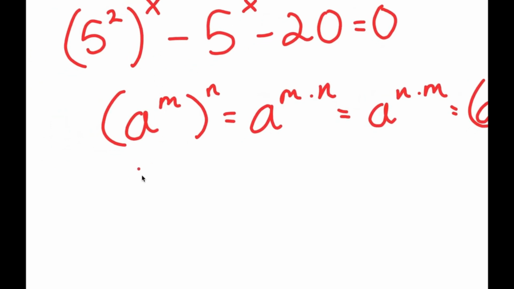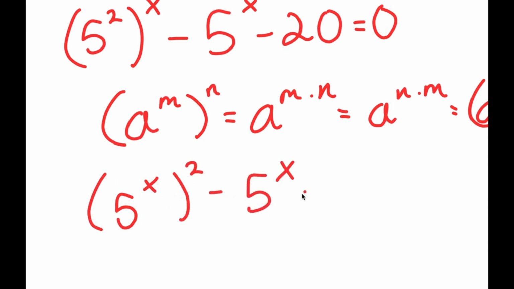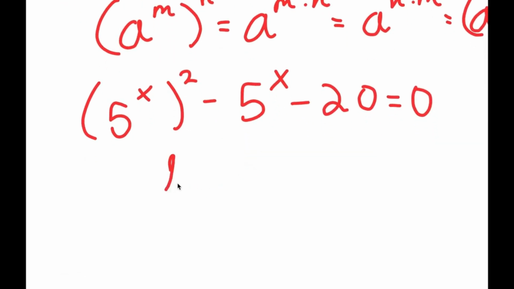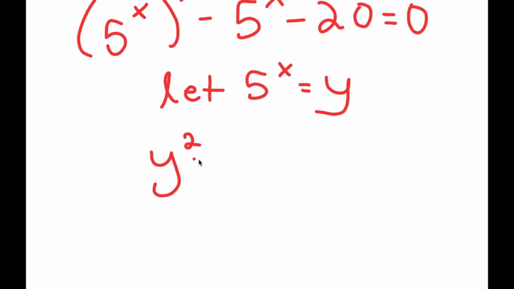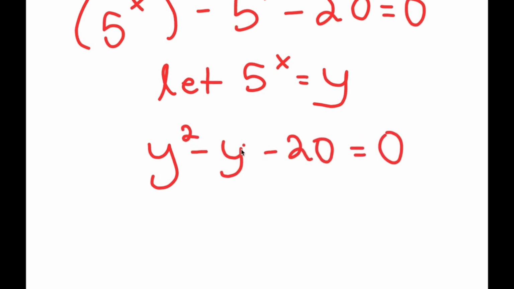So 5 to the power of 2 to the power of x is going to equal 5 to the power of x to the power of 2. Now I have this minus 5 to the power of x minus 20 is equal to 0. And now I'm going to let 5 to the power of x is equal to y, so I get y squared minus y minus 20 is equal to 0.